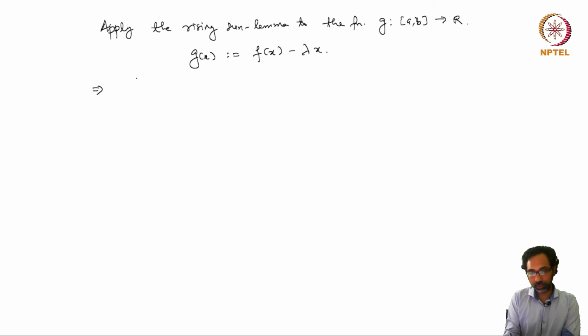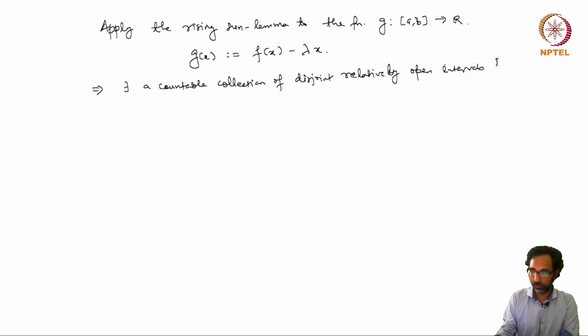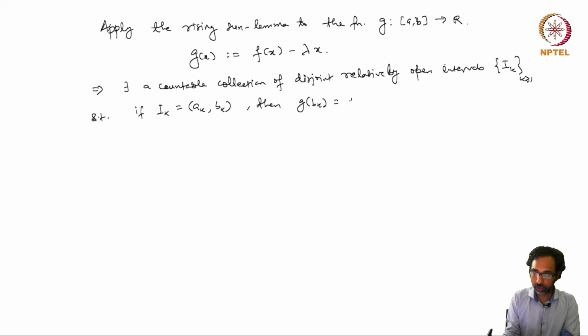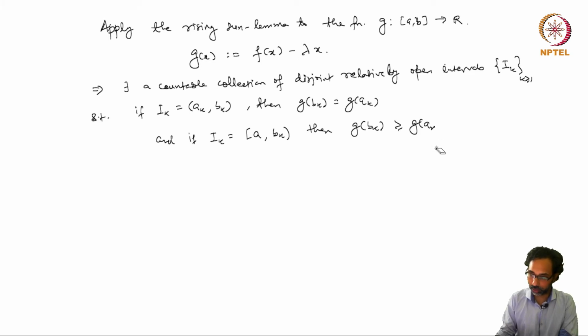So the Rising Sun Lemma implies that there exists a countable collection of disjoint, relatively open intervals I_k, such that if I_k equals (a_k, b_k), then g(b_k) equals g(a_k), and if I_k equals [a, b_k), then g(b_k) is greater than or equal to g(a).